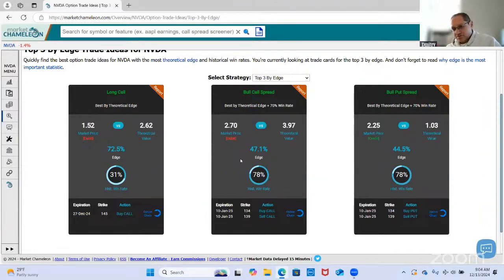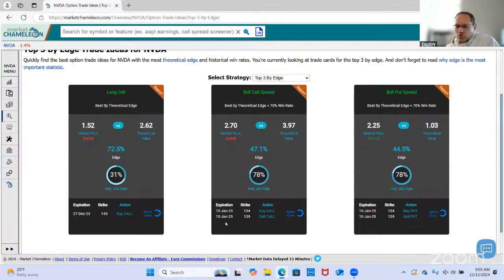Keep in mind, you'd have to have a bullish outlook on NVIDIA for this strategy. If you don't have a bullish outlook, then this wouldn't be the strategy to look at. In particular, in this bullish call spread, you have an outlook that NVIDIA will be above 139 on January 10th expiration.